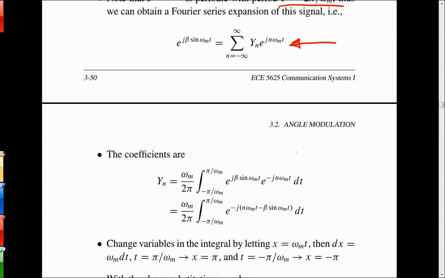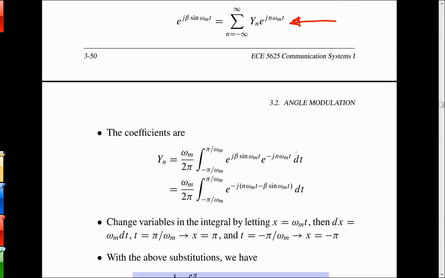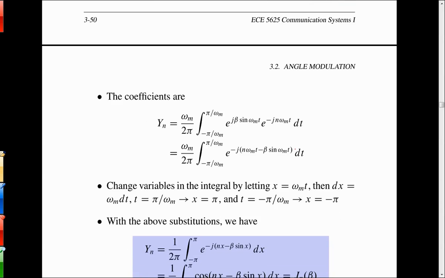So you plug this into the Fourier coefficient formula, and you get this integral that has the sinusoid in the complex exponential, combined with the expansion function n omega m from the Fourier coefficient formula. And then you stop and say, I don't know what to do with that.